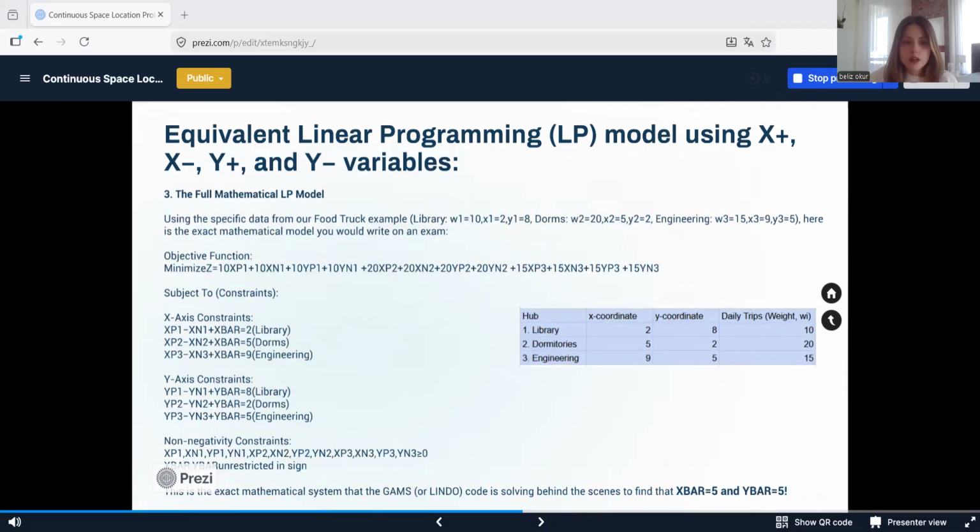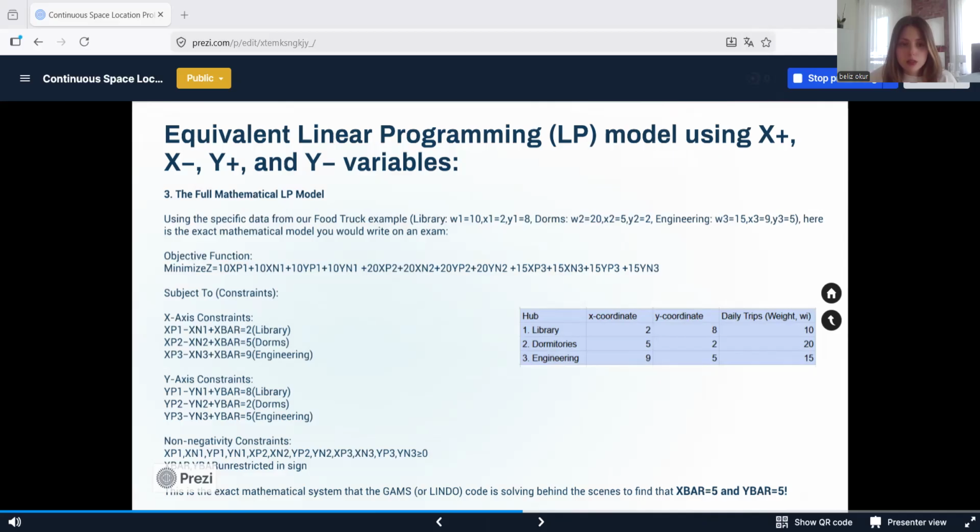When we write this out for our food truck problem, here's the exact math model you would use in your studies. Our goal is to minimize x, which is the sum of all weights multiplied by their variables.